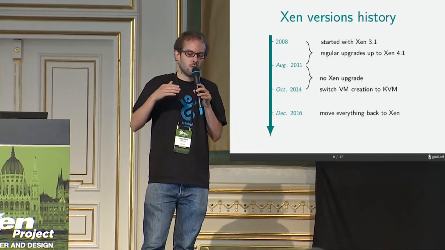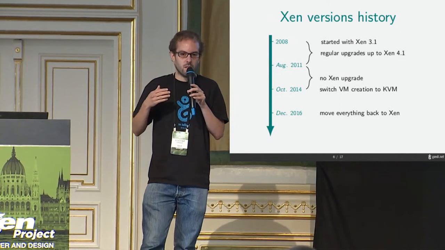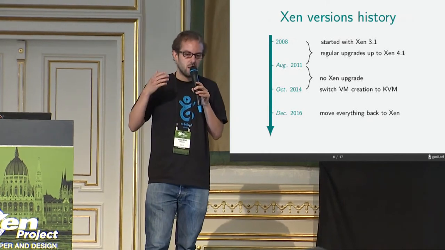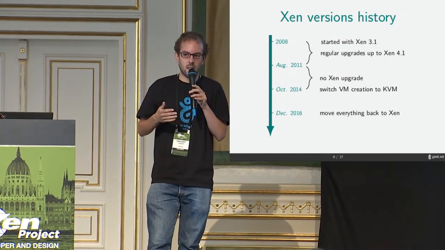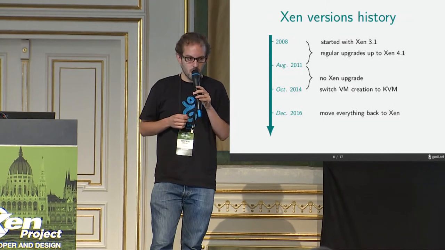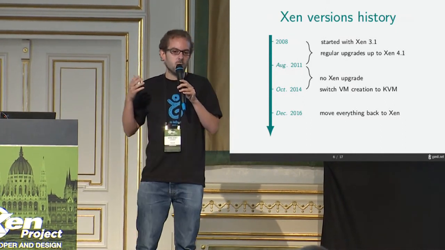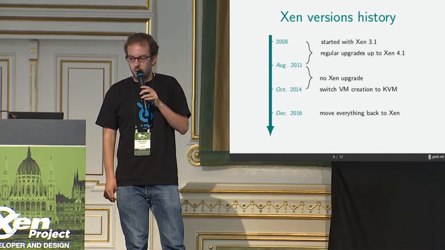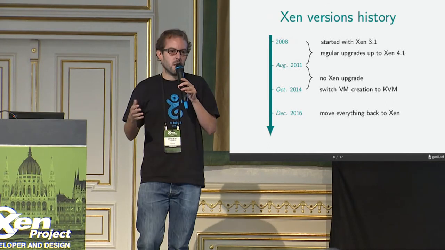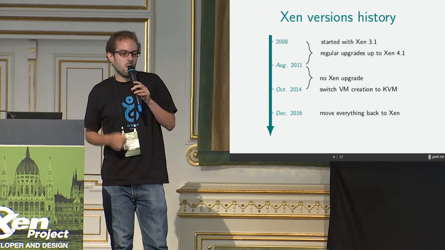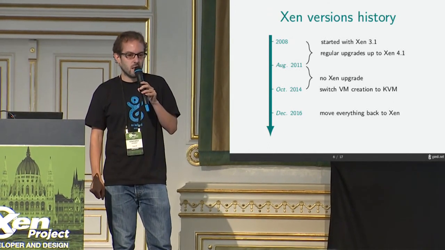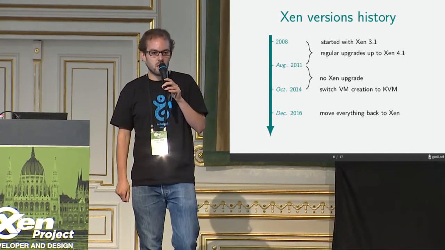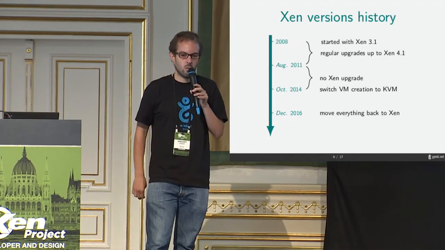For example, if you want to get the newest version of KVM, you need the latest kernel too, and we have some custom patches in our Dom0 kernel that are not easy to backport. Also, Xen has some new features, like live patching. So eventually, now we are running everything, or we try to run everything, on Xen. We still have some VMs running on KVM, but we are going to migrate everything to Xen in the next few months. At least we hope so.